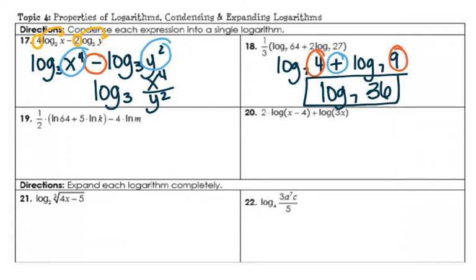Alright, number 19. Same thing, even though it's a natural log, anytime there's a number, I'm going to move it to an exponent. I'm only going to put it to the 64 and the k because that's where it's in front of that in parentheses. So here's what we got.